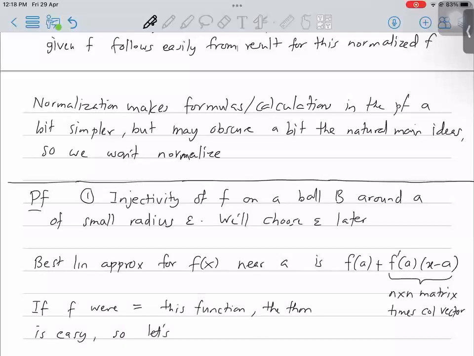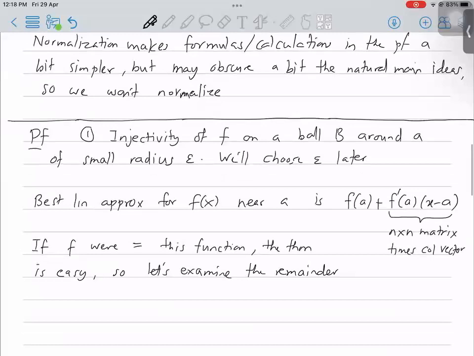So let's examine the error or the remainder. And what is the remainder? Let's call this some ad hoc notation for now. R of x equal to f of x minus f of a minus f prime of a times x minus a. Okay, very good.